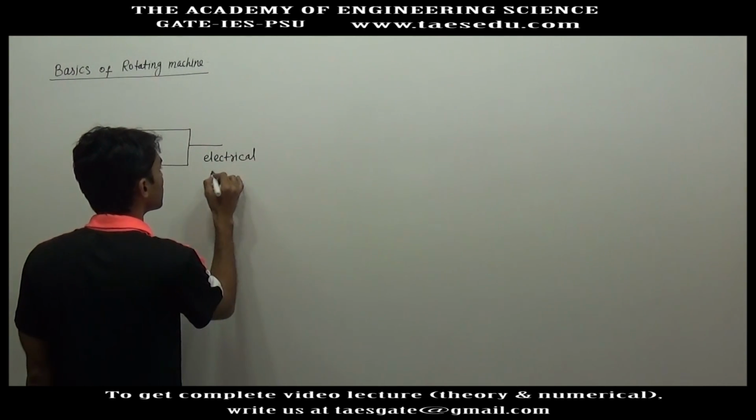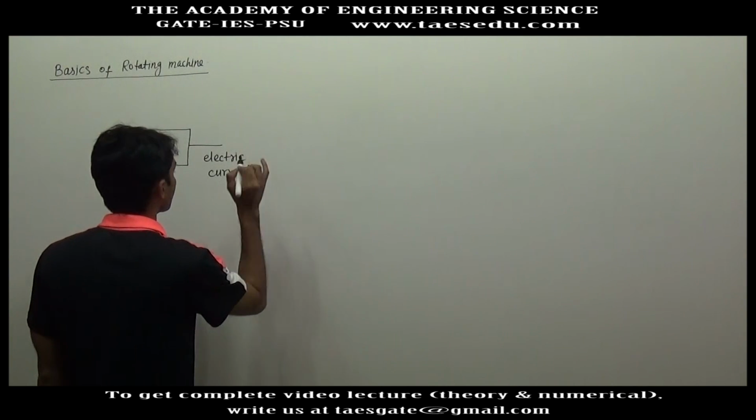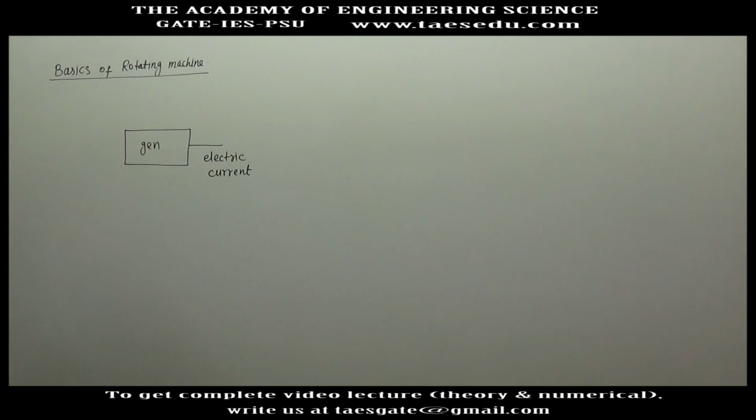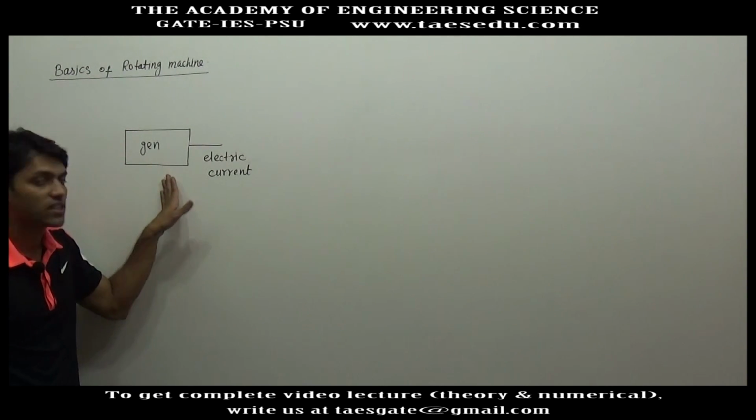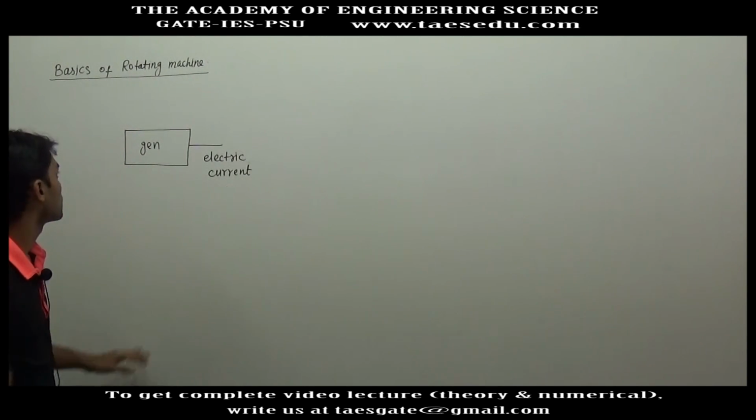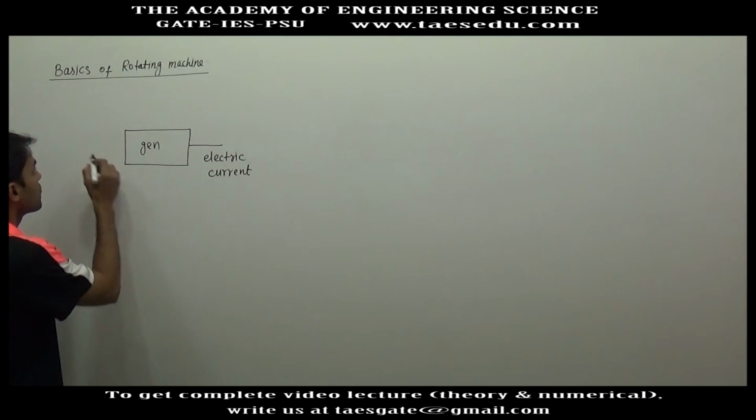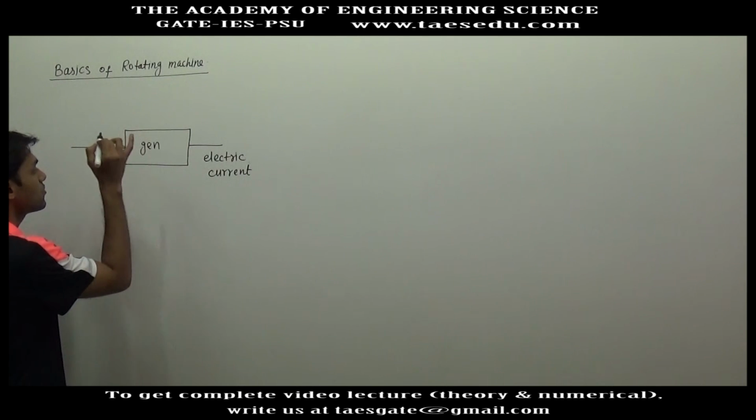or electric current. But we know that any system cannot generate energy. A generator, although its name is generator, any system or any machine cannot generate energy. Rather it can convert the energy from one form to another form.